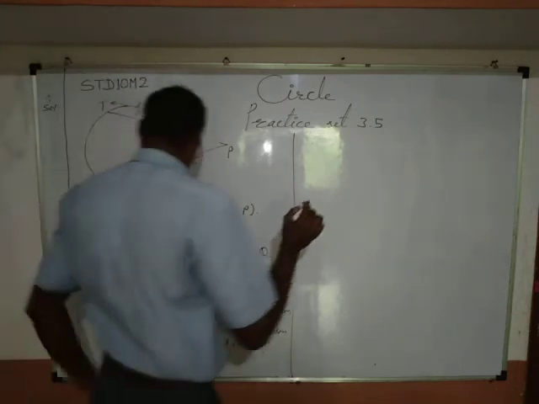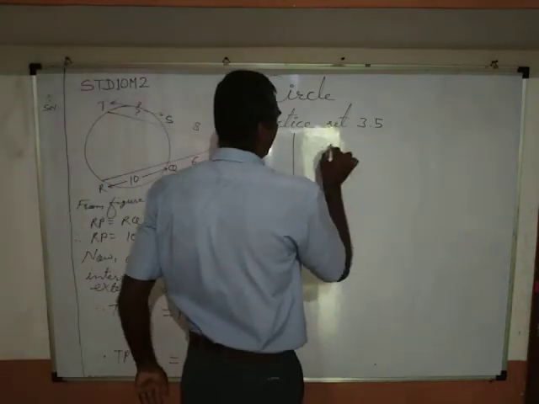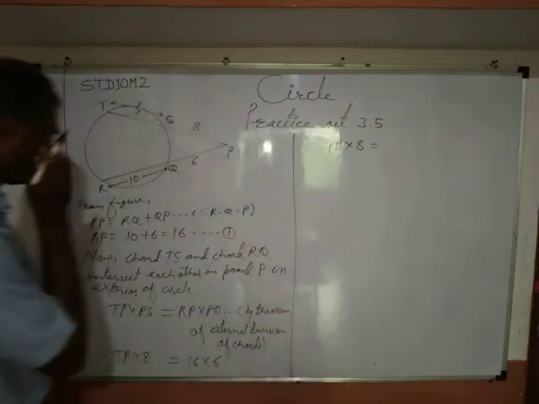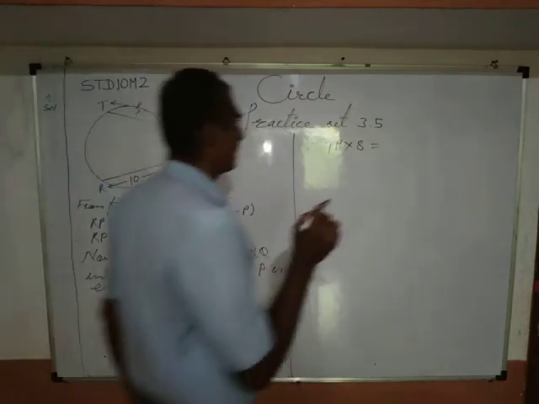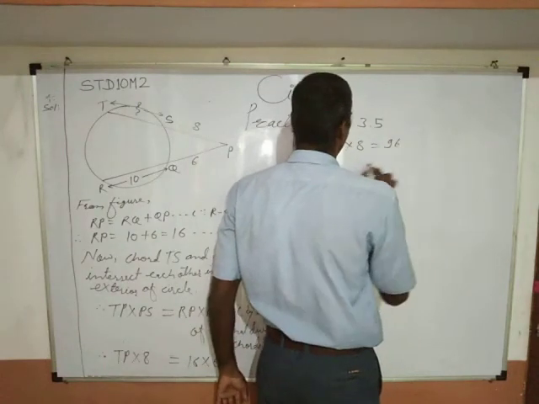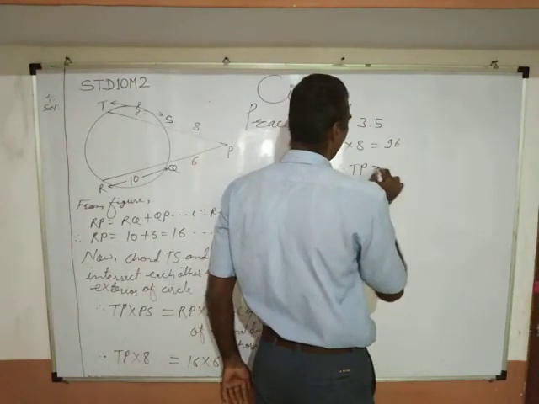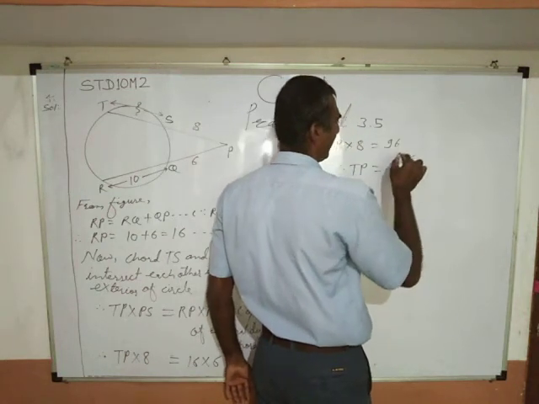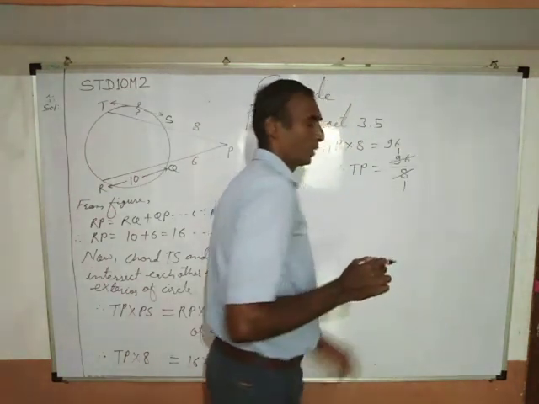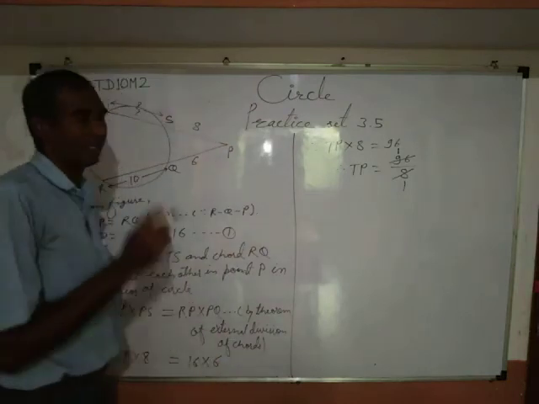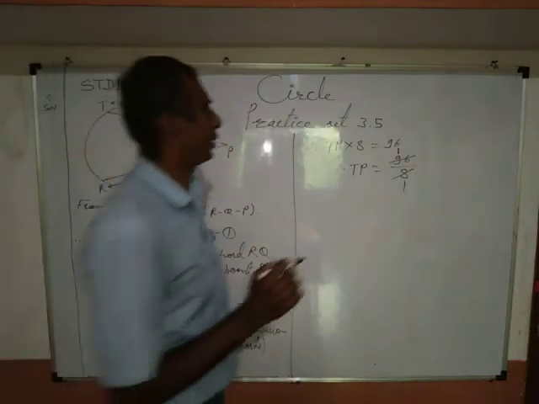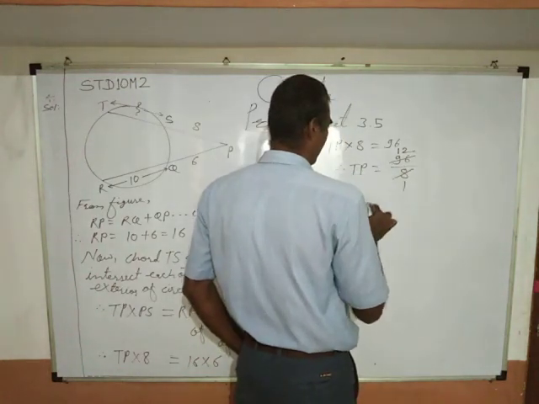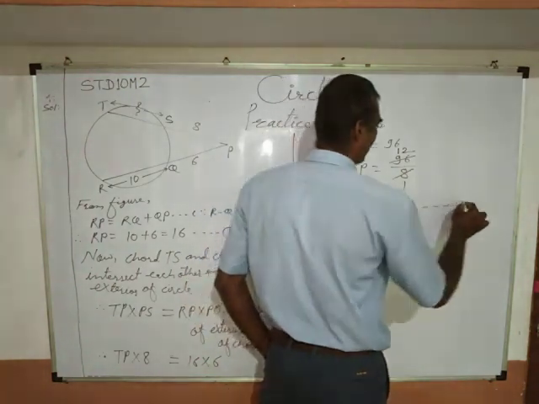Therefore TP into 8 equals 16 times 6, which is 96, and TP equals 96 upon 8, which gives TP equals 12.